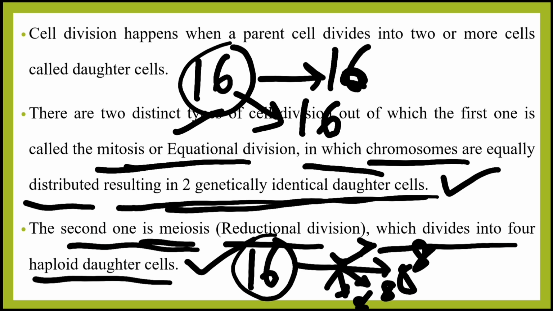That means each has 16 chromosomes. So this is the basic difference between mitosis and meiosis. Mitosis generally occurs in the somatic cells, and meiosis or reductional division occurs in general in the reproductive cells during gamete formation.